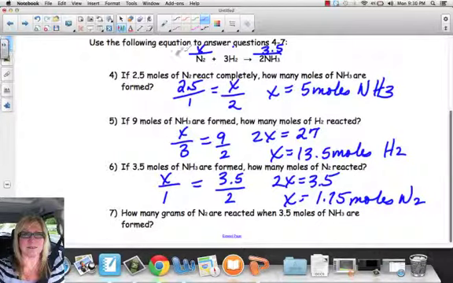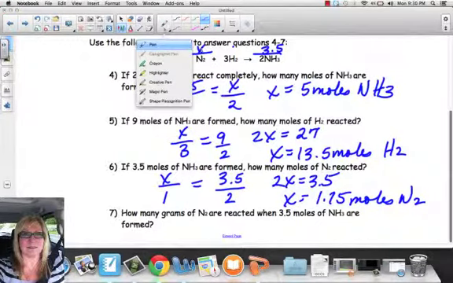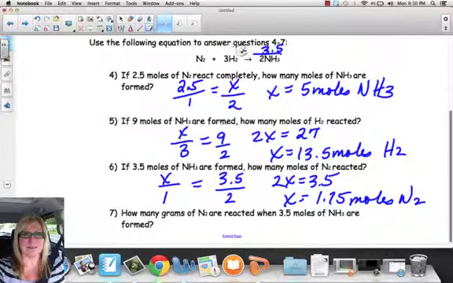Now, this last one is a little bit tricky, and I'm going to explain to you why. When you look at it, it says how many grams of N2 are reacted when 3.5 moles of NH3 are formed.